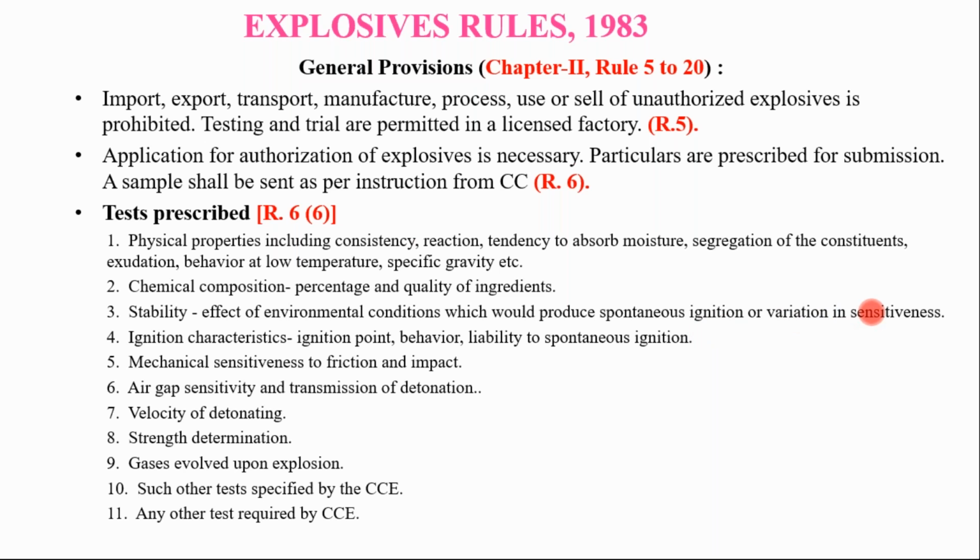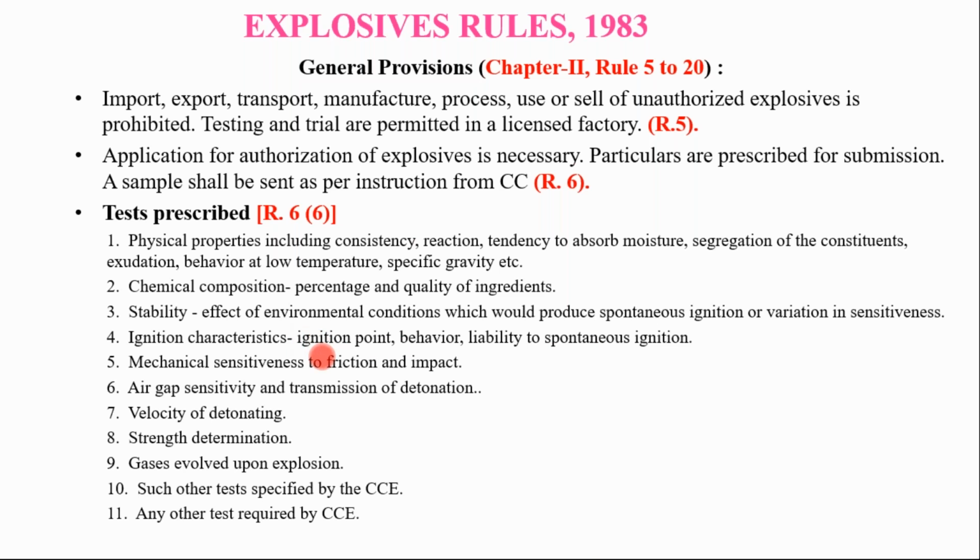So sometimes if the temperature is more, sometimes if the humidity is less, then some of the chemicals react in that way. That is spontaneous ignition. The ignition characteristics, that may be ignition point, behavior, liability to spontaneous ignition. If it happens, then that explosive is dangerous.